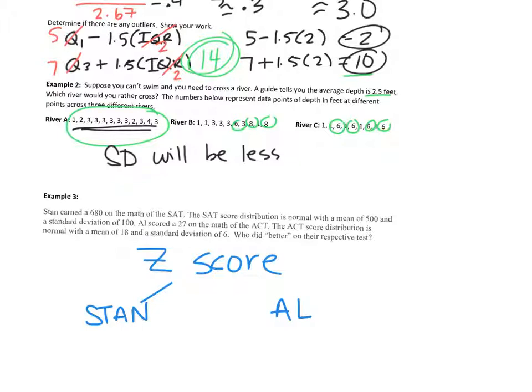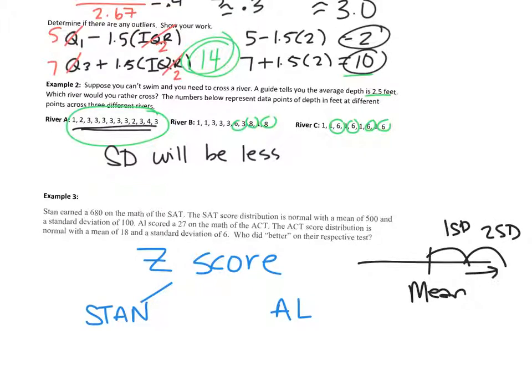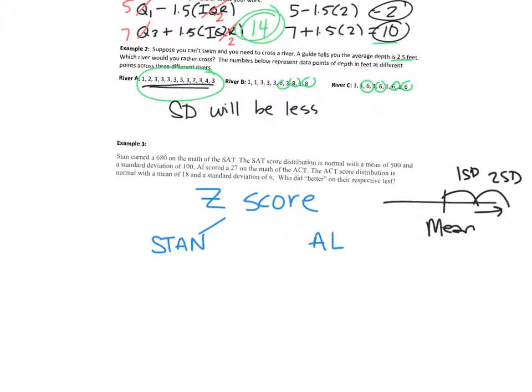The person that has the higher z-score, so if you think about the z-score, this would be your mean, 1 standard deviation away, 2 standard deviations away, the higher your score from the mean with respect to standard deviations, the better you did on that test. To find the z-score, you take the score. The score Stan earned was 680. So you take the score minus the mean and divide by the standard deviation.